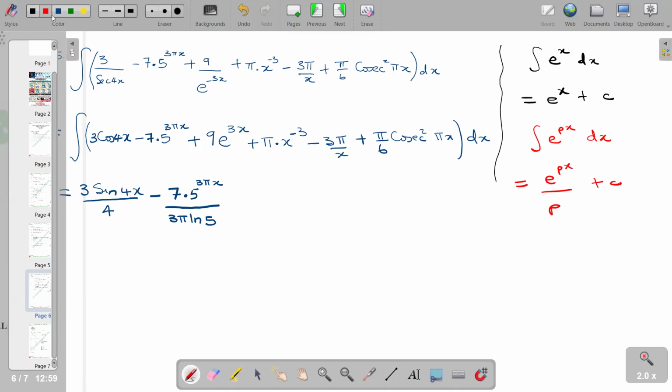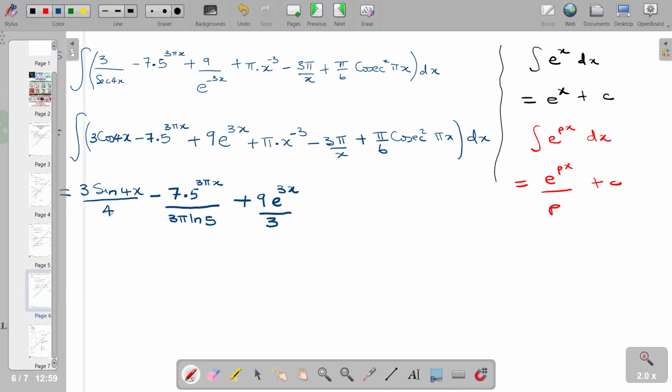So here it's going to be plus 9e to the power 3x divided by 3.